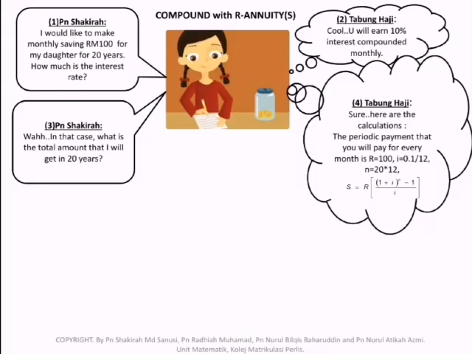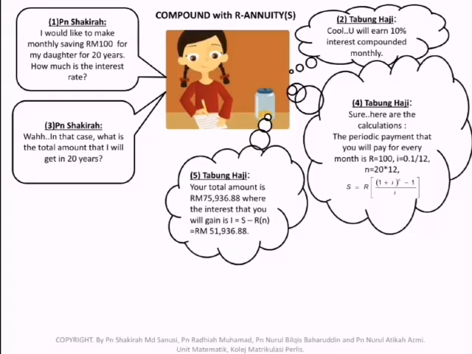After the calculation, you will get your total amount is 75,936 ringgit and 88 cents, where the interest that you will gain is I equals to S minus R times N, which is 51,936 ringgit and 88 cents.